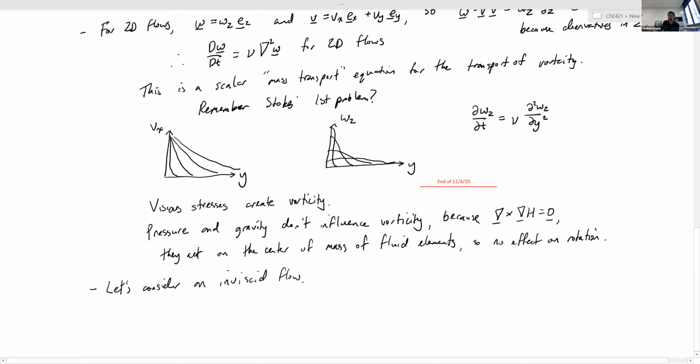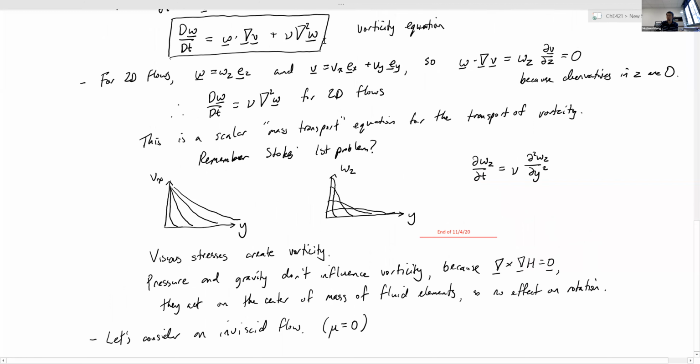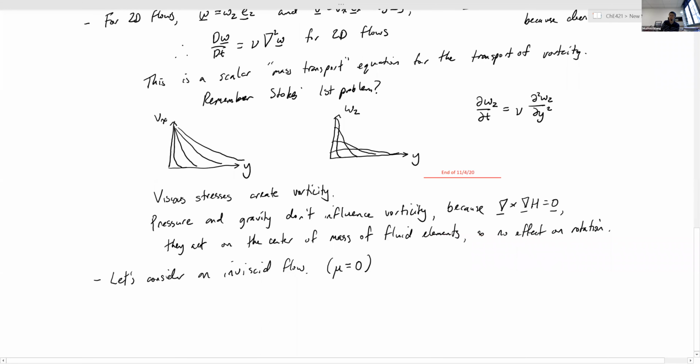Okay, and obviously in an inviscid flow, that means that mu is equal to 0, right? If we let mu equal to 0, then if we look at this vorticity equation, what that means is that kinematic viscosity, which is just mu over rho, is also equal to 0, right? So that means the vorticity equation becomes just these two terms. Let me write those other terms down here, okay?